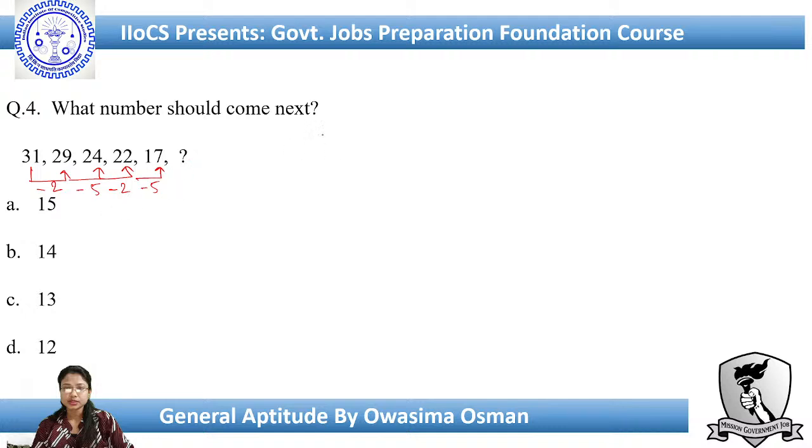So the pattern is minus 2, minus 5, minus 2 and minus 5. Similarly, our next number will be 2 less than 17. So 17 minus 2 is 15. That is option A, the correct answer.